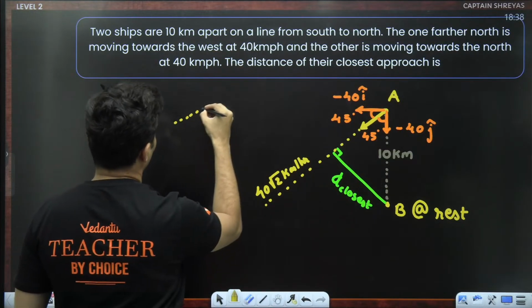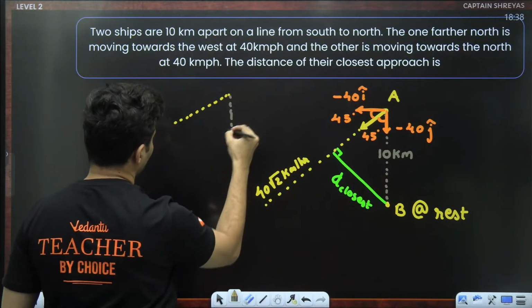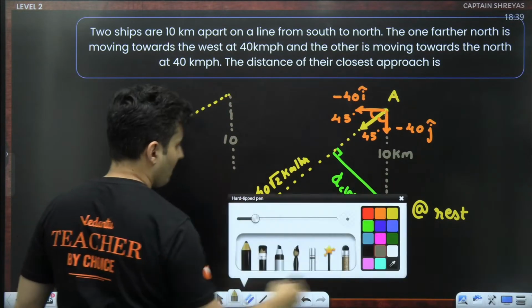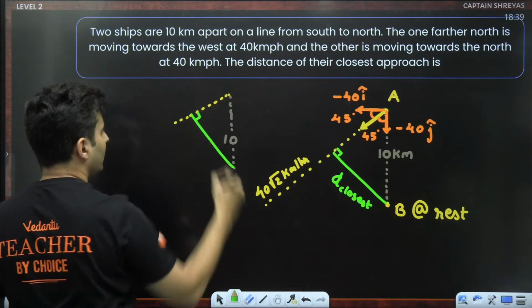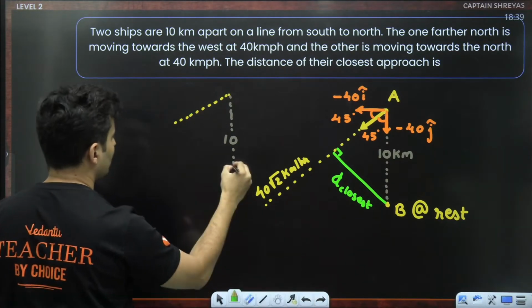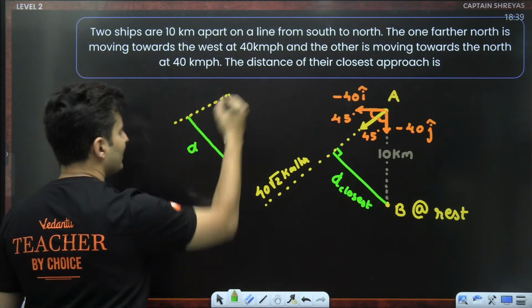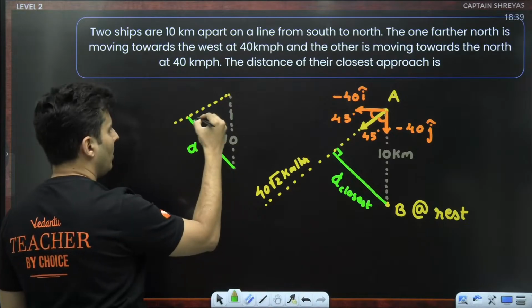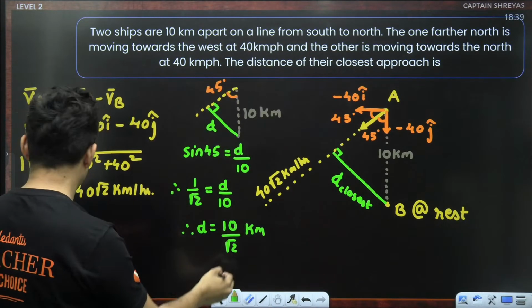Just draw it properly over here. This was your d. How much is this distance? This is 10 by root 2, we just figured it out.